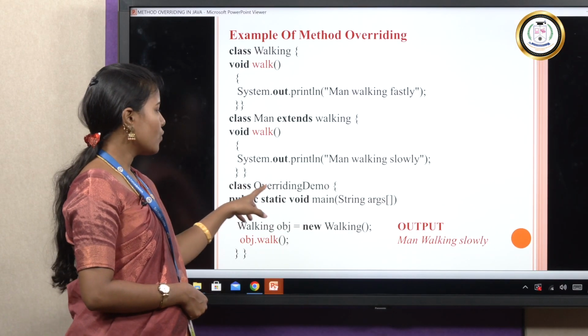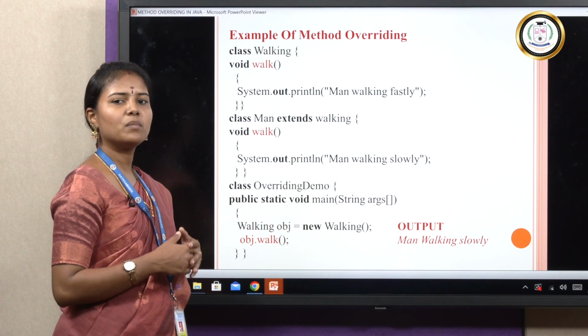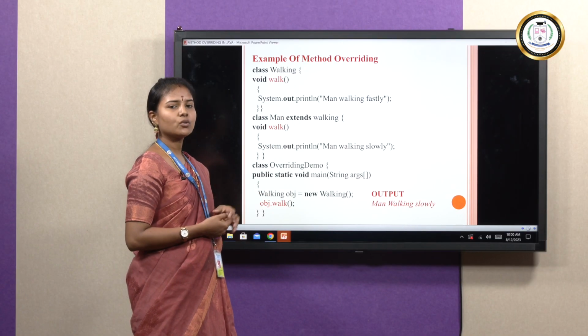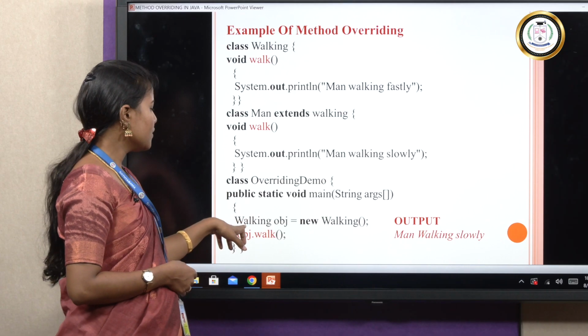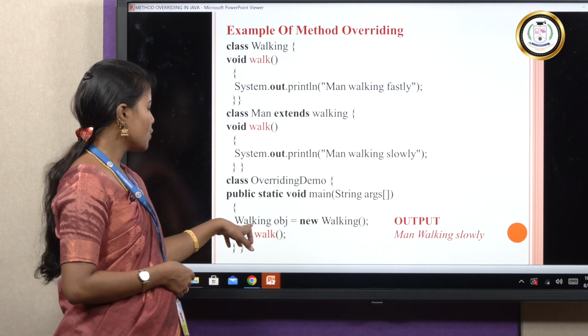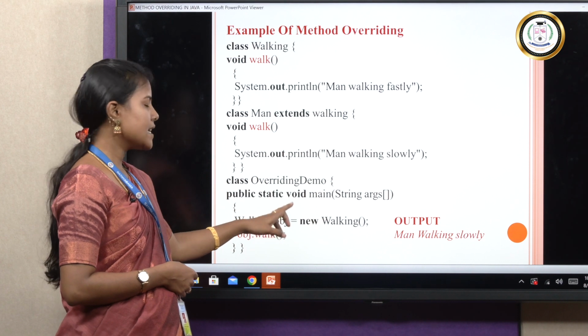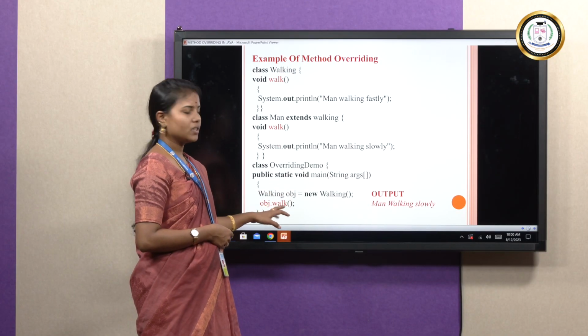Here we have to create one more main class, class OverridingDemo, and inside it a main method, public static void main. Inside the main method we create an object to access the method in the subclass or child class as well as the parent class. Walking is the parent class, so Walking obj = new Walking(), and obj.walk().